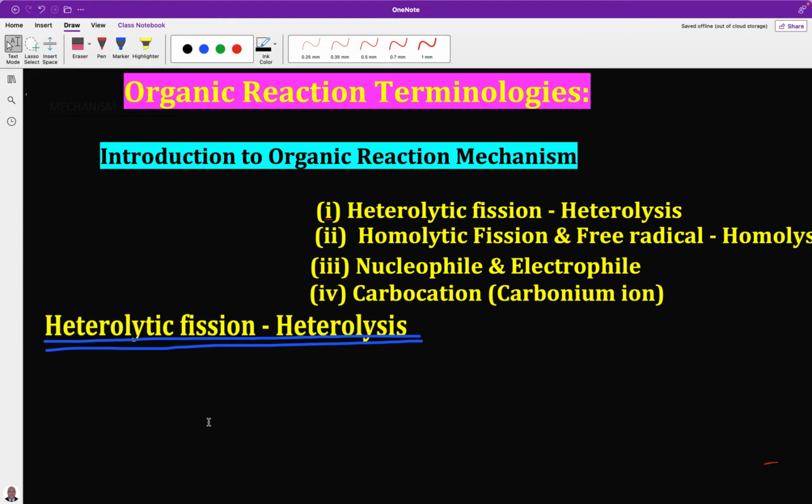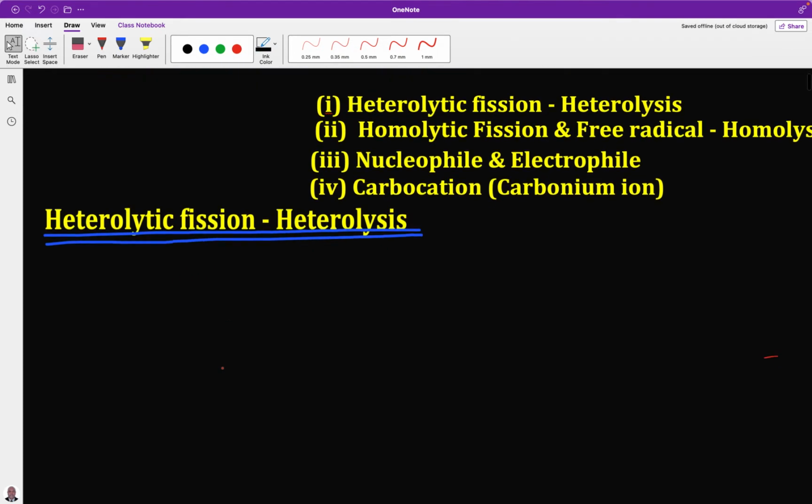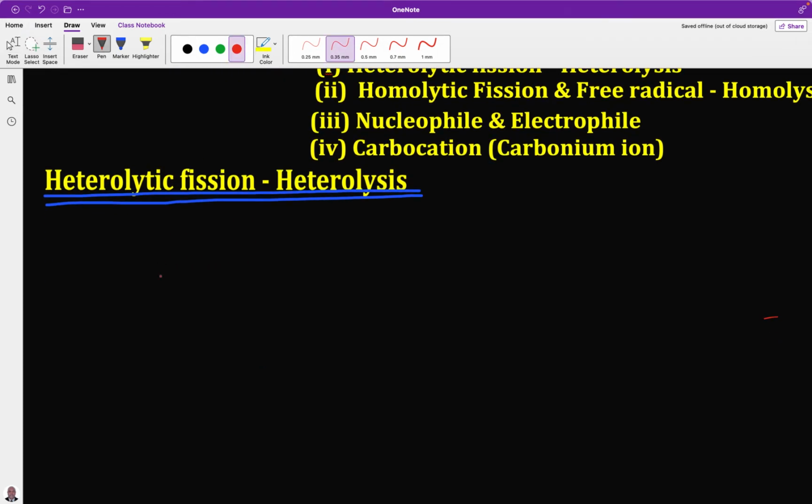Let me give an example, in hydrogen chloride. The bond is represented like this. There is hydrogen and there is chlorine.